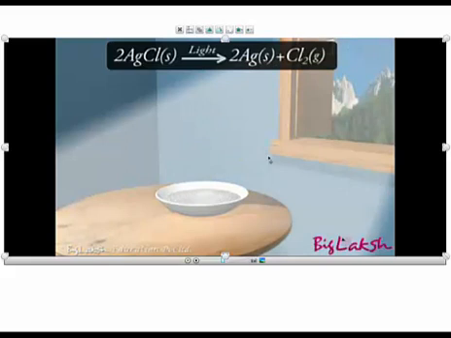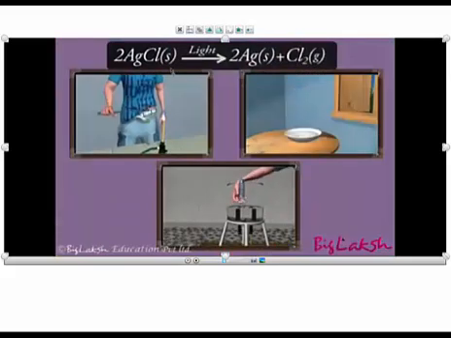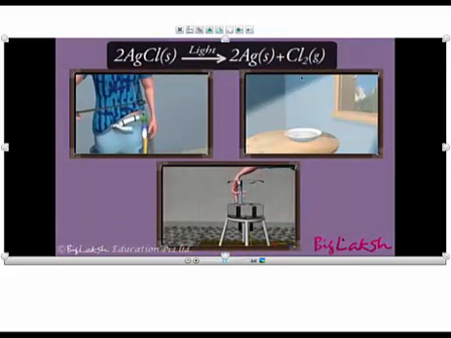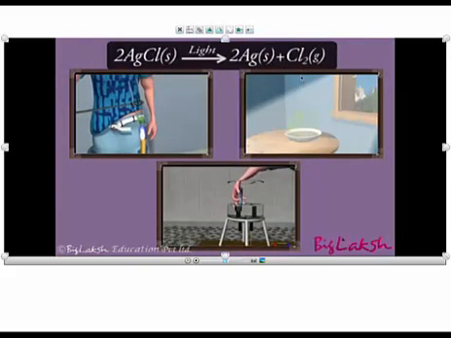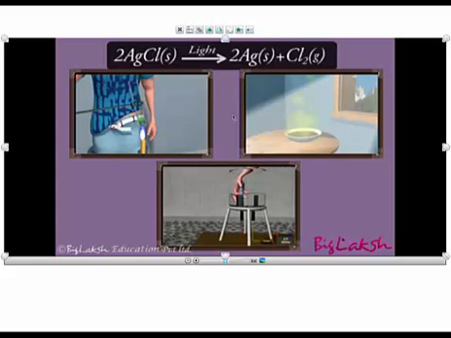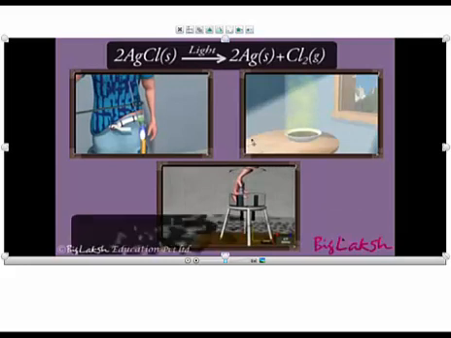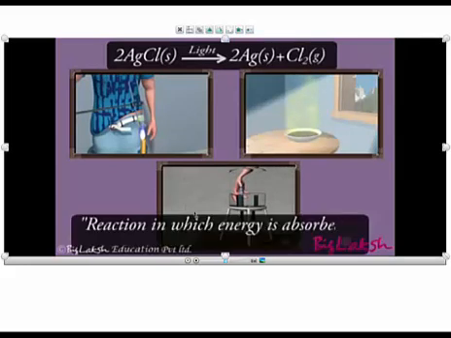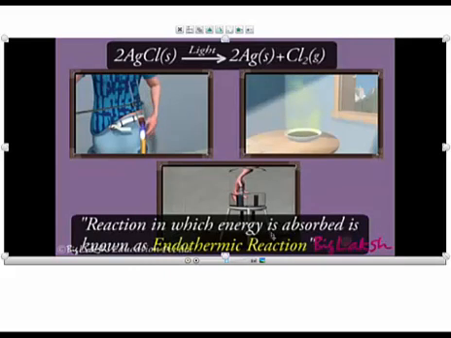So when you are putting in energy, there must be light in order for silver chloride to break down to silver and chlorine. All these are examples of reactions in which energy is absorbed, and these are endothermic reactions.